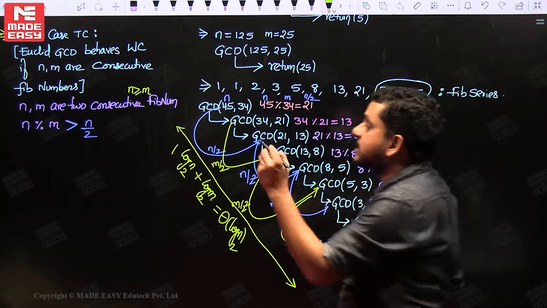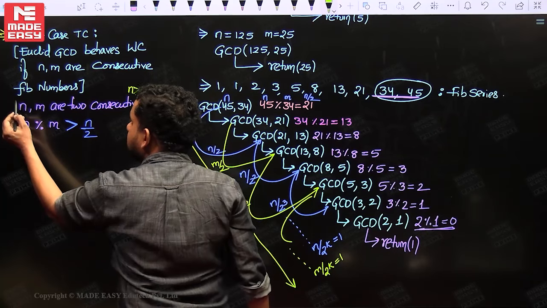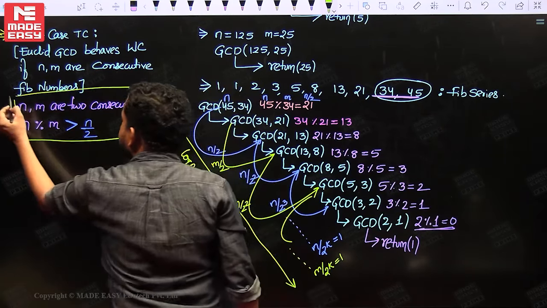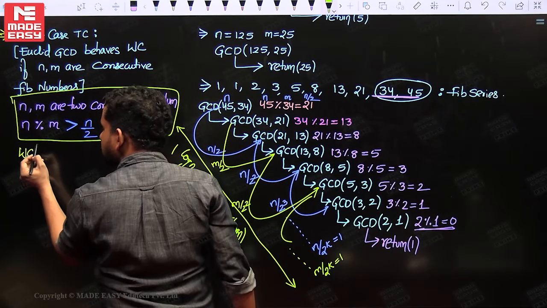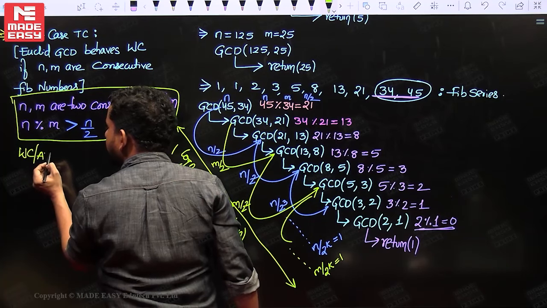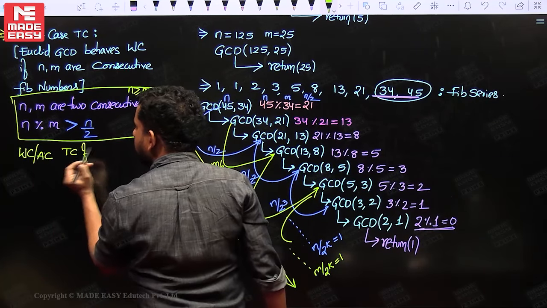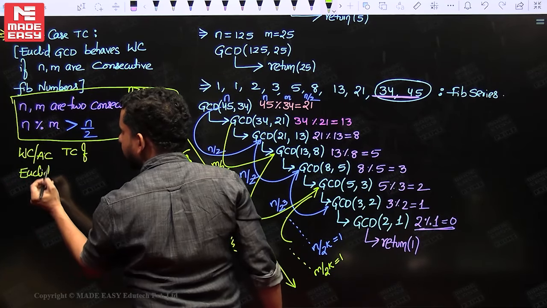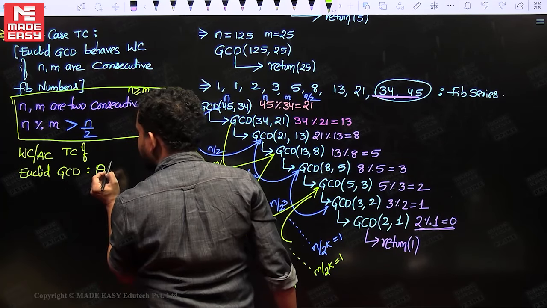So the worst case time complexity, if n and m are two consecutive Fibonacci numbers, is where the Euclid GCD algorithm behaves worst case. You can say worst case or average case time complexity of the above Euclid GCD algorithm is order of log n.